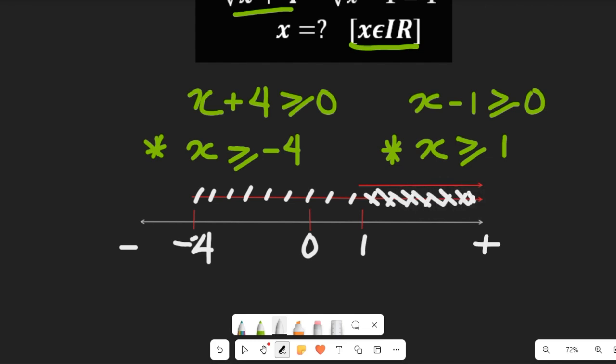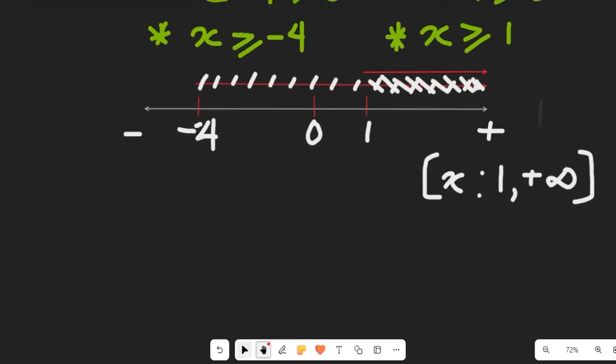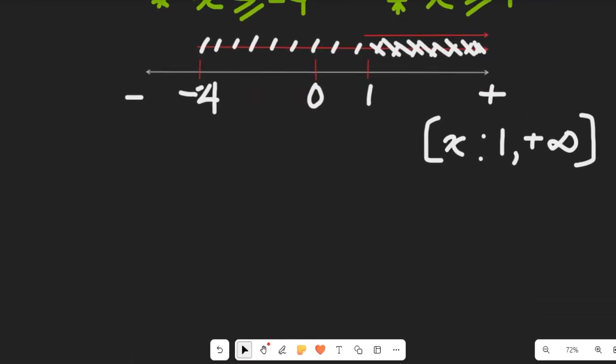So that tells us that from 1 to positive infinity is where x ranges. So what does that tell us? That the solution for x will be between 1 and infinity.